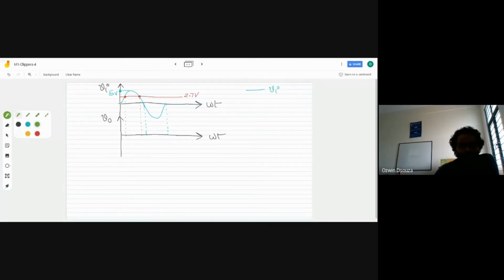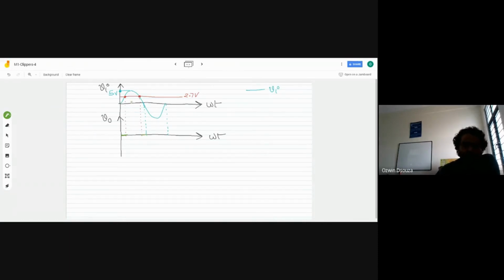Okay. For the values of input less than 2.7 volt, the diode is off. Again, for the values of the input less than 2.7 volt, the diode remains off.